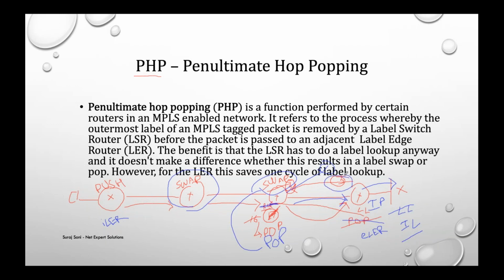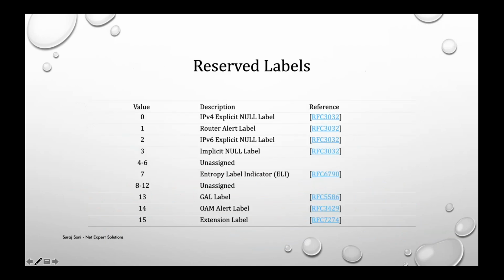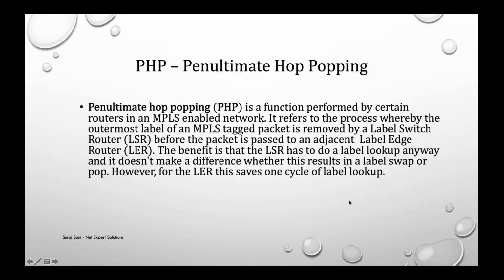What you can do, by manual configuration, is say that instead of 3, which is implicit null, you can send label value 0. So that last router, instead of sending 3, will send 0.